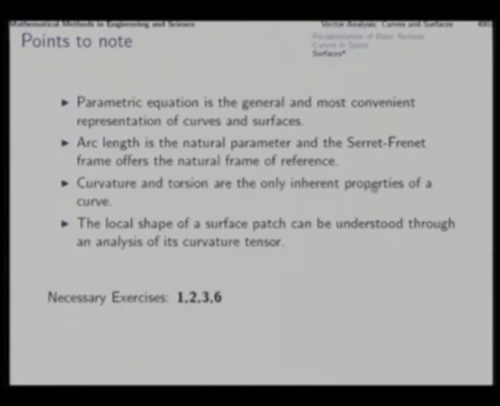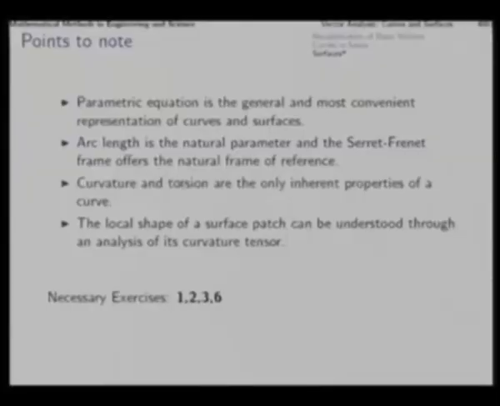The tangents etc. are themes or properties which are dependent on frame of reference also, parameterization also and so on. Curvature and torsion as functions of the arc length parameter are the only intrinsic properties of a curve. The rest of it is due to parameterization and frame of reference chosen.